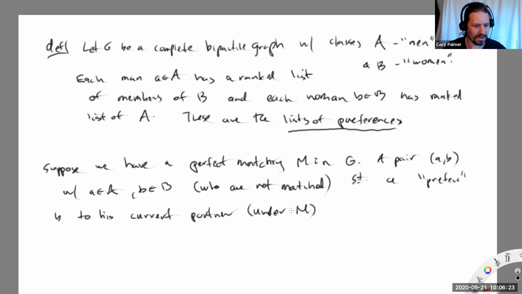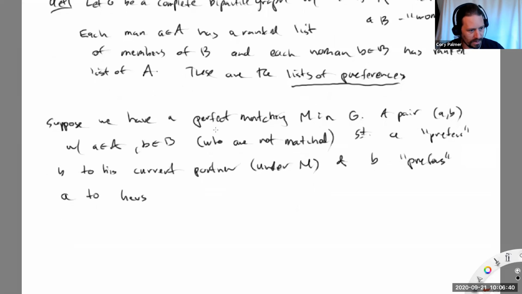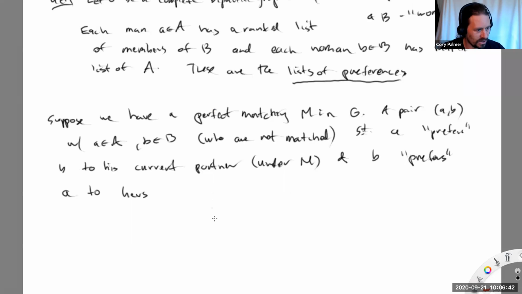We've arranged all these marriages in advance here, and A prefers B to his current partner, and B prefers A to hers. Okay, and I'll illustrate a few examples in a moment here. But this is, like I said, a bad situation. This pair is called an unstable pair.